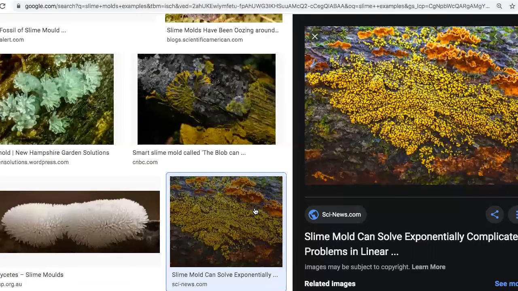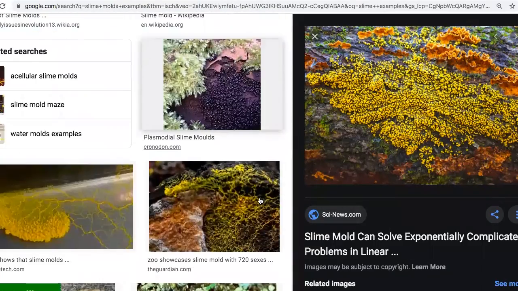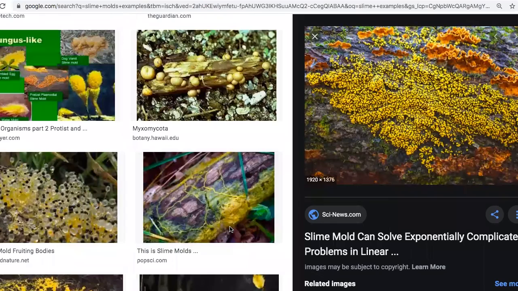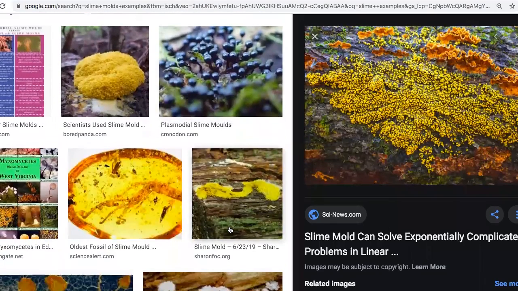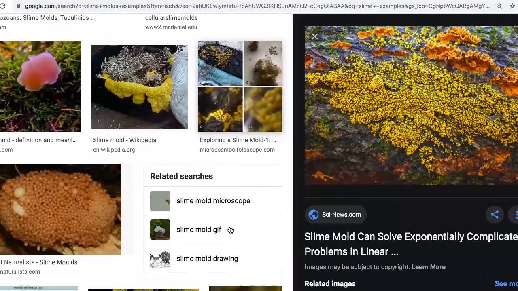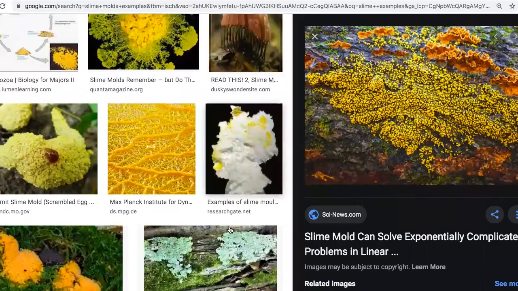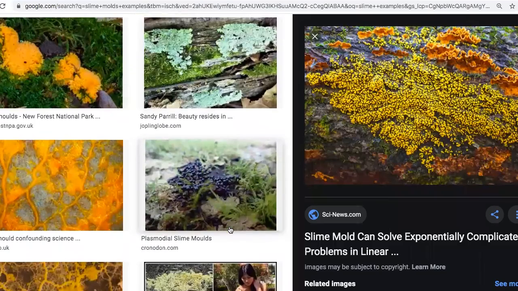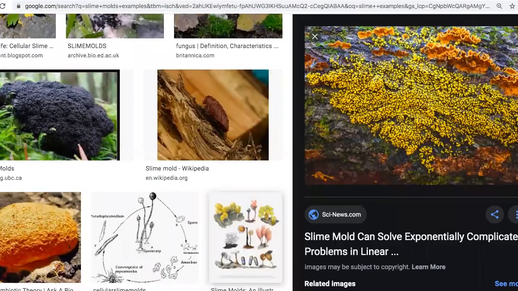Sometimes it is green in color, but most of the time it is yellowish. If it is green, it is mostly photosynthetic. They do not have pseudopodia and such. These are the ones which will rot the wood. Wooden furniture and such will have this. This is what we call slime mold.